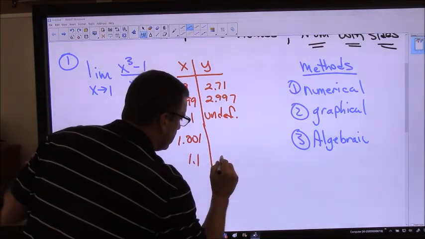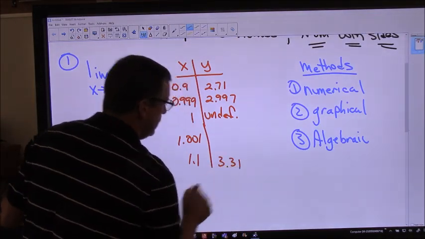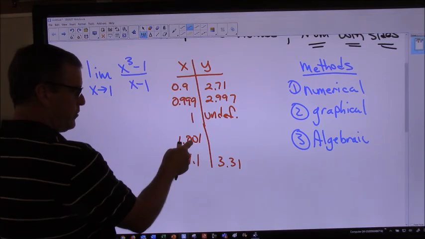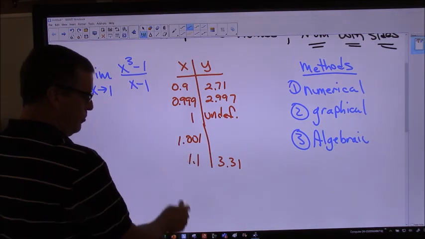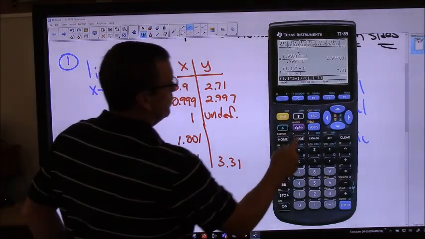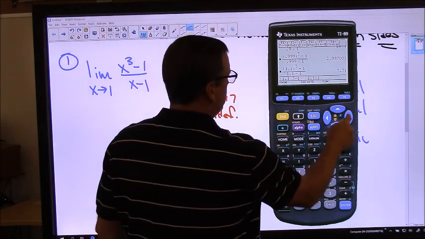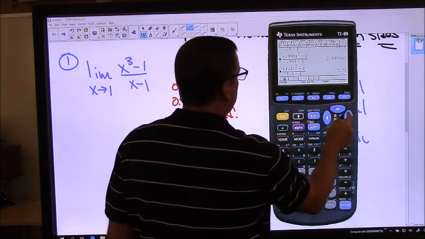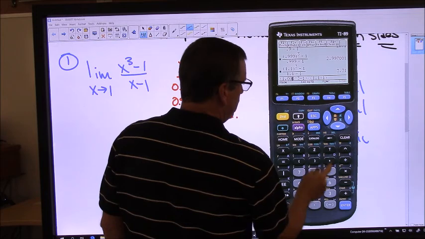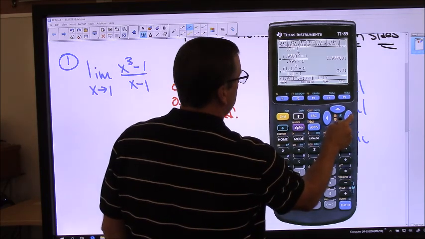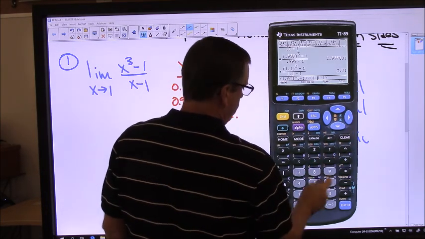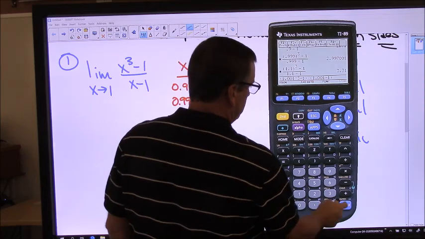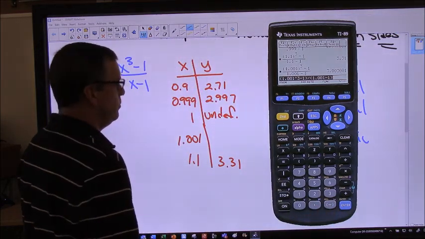So I got 3.31. And now if I get a little closer, I'll plug in 1.001. So again, I just go back to my calculator. I just have to do a little bit of editing in the calculator. I'll put 2 zeros here and 2 zeros here. 3.003.